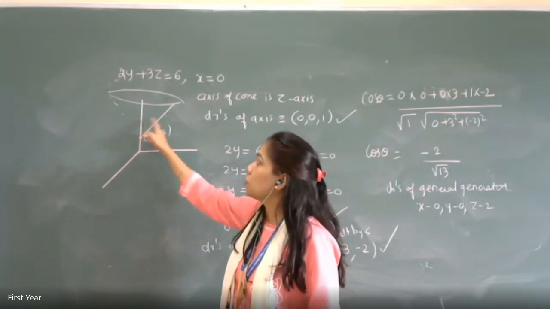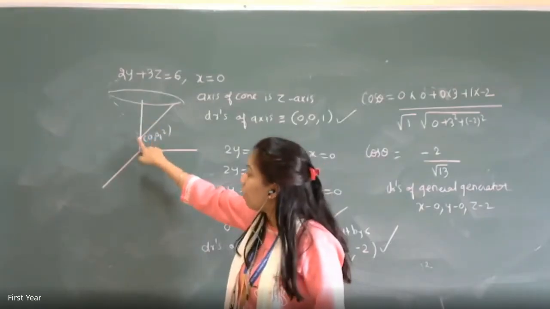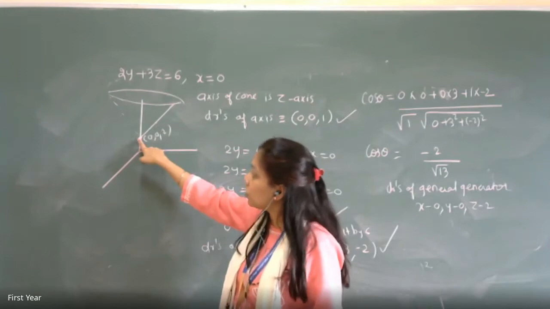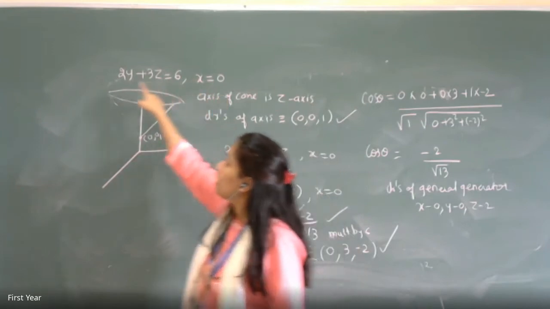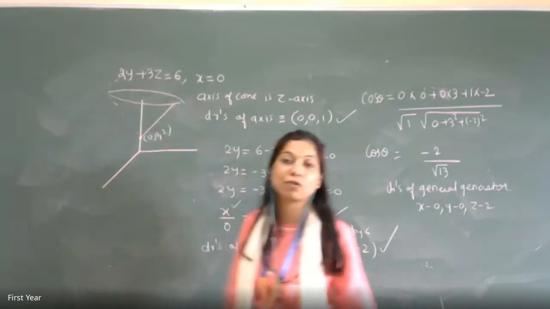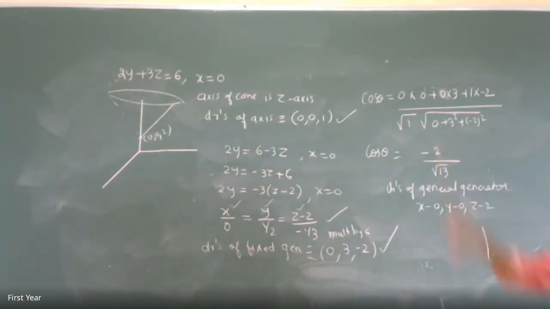So I have to see the intersection of these two lines. This line will lie on the z-axis if the x and y coordinates are 0. So already x is 0, put y equal to 0, you get 3z equal to 6, so z is equal to 2. That is your vertex.